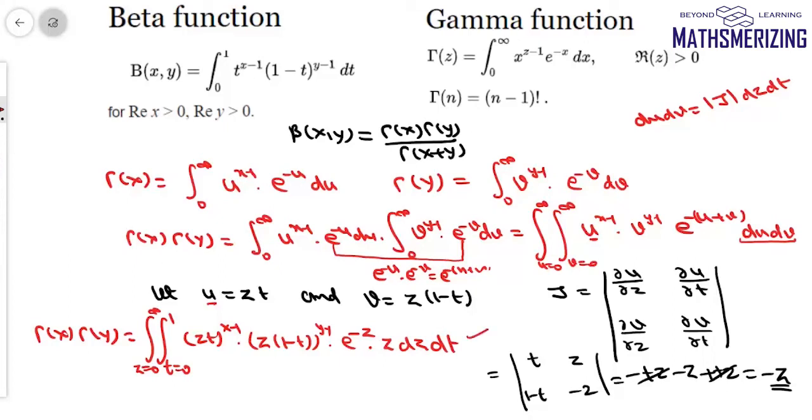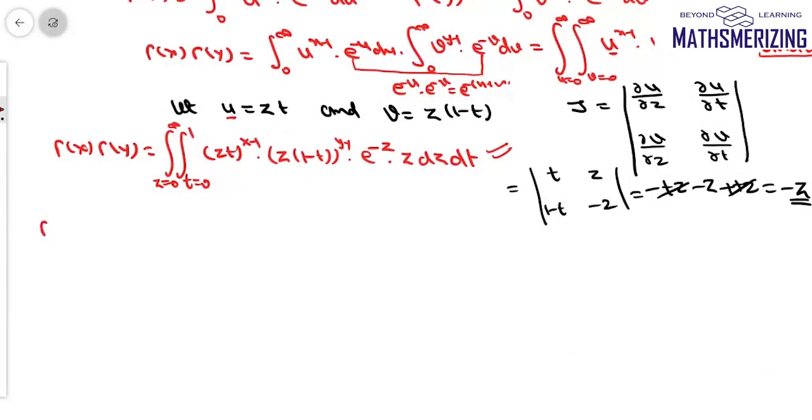So now we'll solve this integral. So I can write this gamma x into gamma y as this integral, z from 0 to infinite and then t from 0 to 1. Now here I'll separate z and t. So I can write t to the power x minus 1 into (1 minus t) to the power y minus 1. Here I'll have z to the power x minus 1.